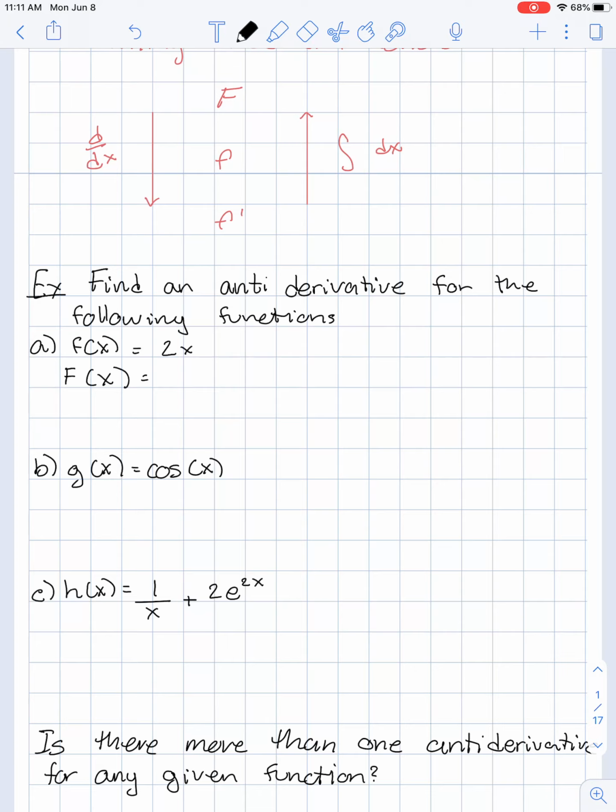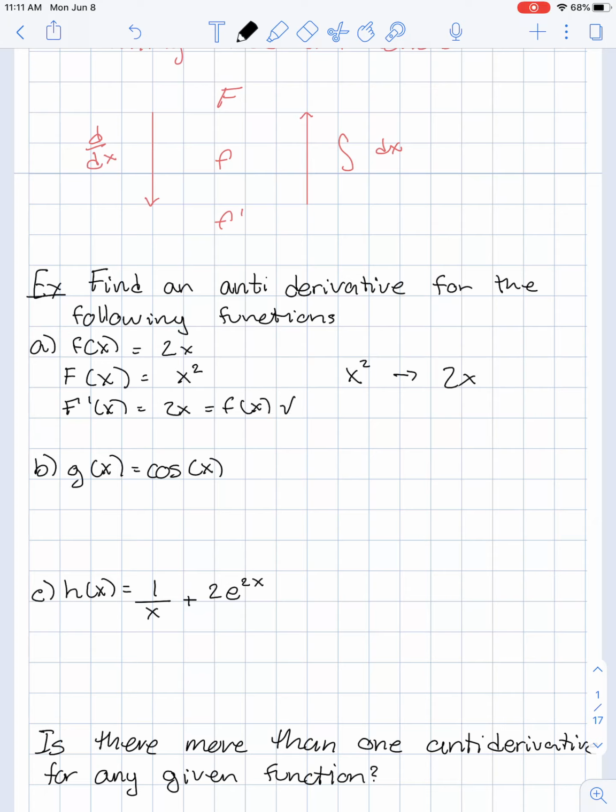Well, I know that if I have x squared and take its derivative, 2 will come down, and I'm just left with 2x. So that means big F of x will equal x squared. Then I can double check that by taking the derivative. Oh, I get 2x, perfect, that equals little f of x.